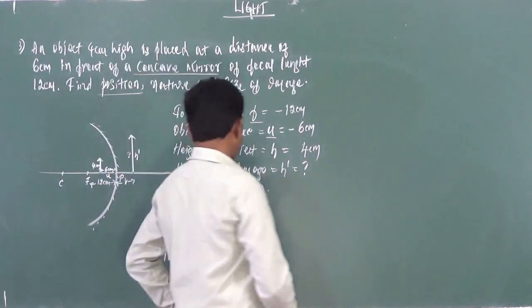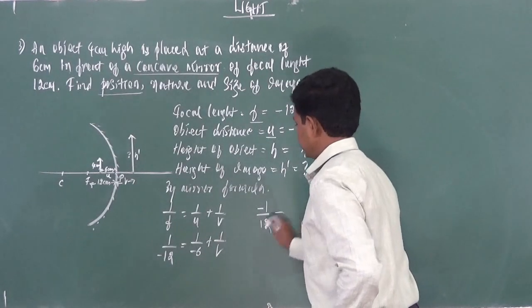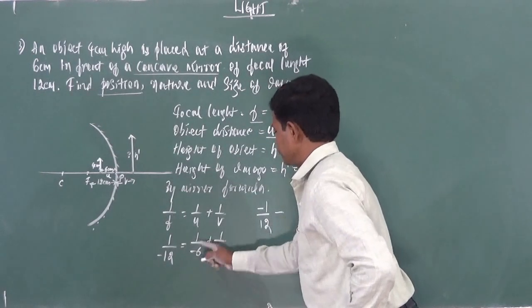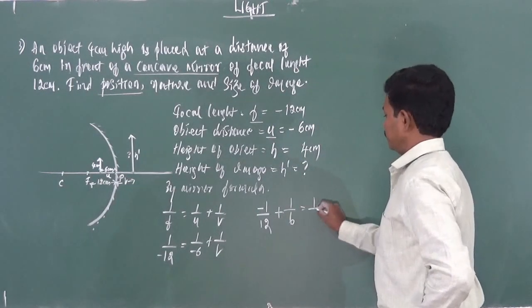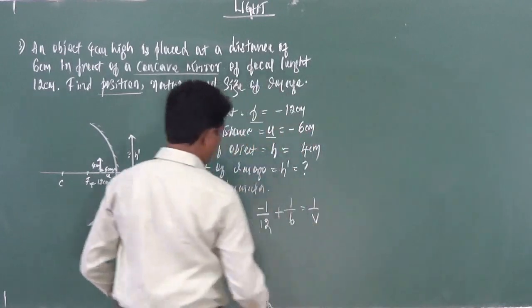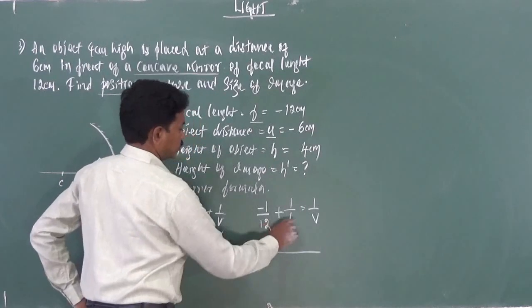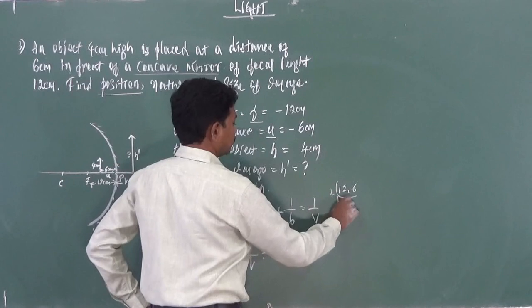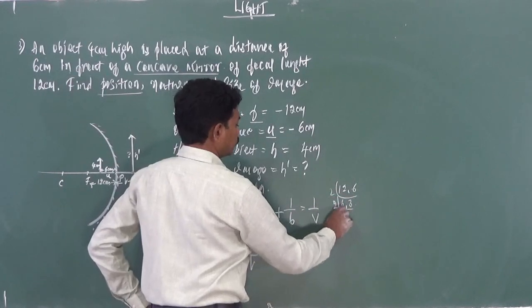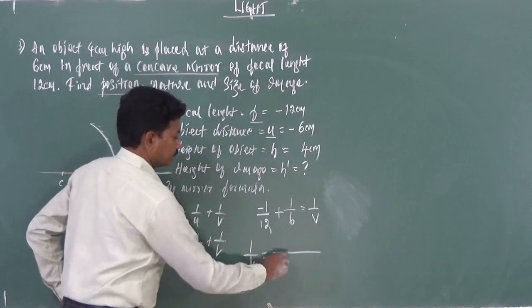So we will transpose the things. Minus 1 by 12, and the minus 1 by 6 goes to that side and becomes plus 1 by 6, is equal to 1 by v. So 1 by v, for 12 and 6 we have to take the LCM, and 12 becomes the LCM.